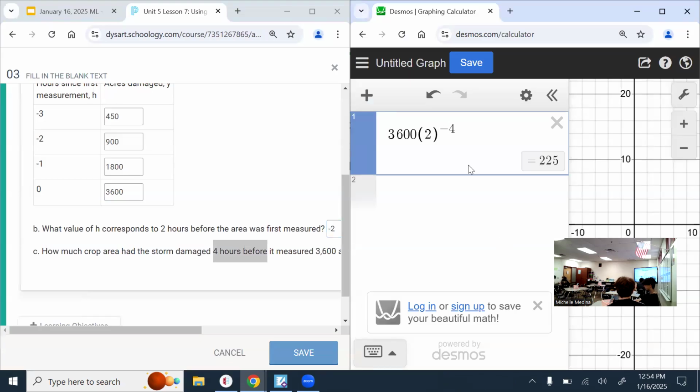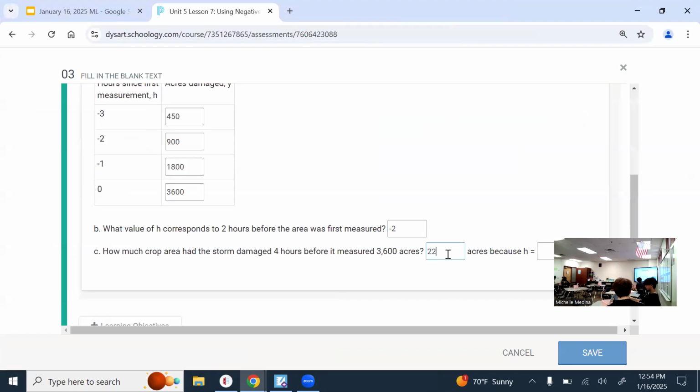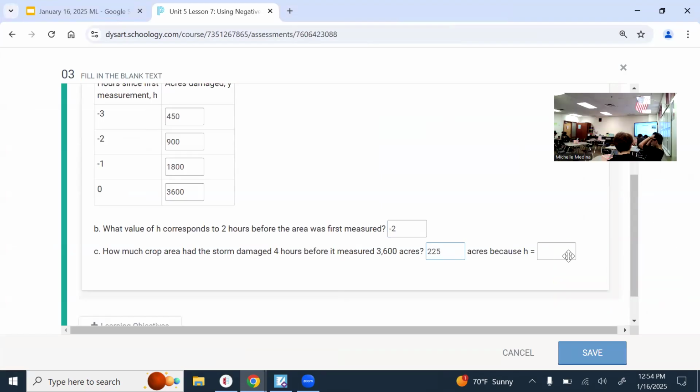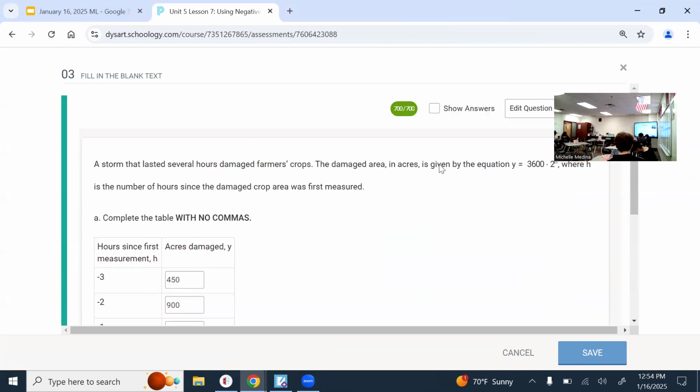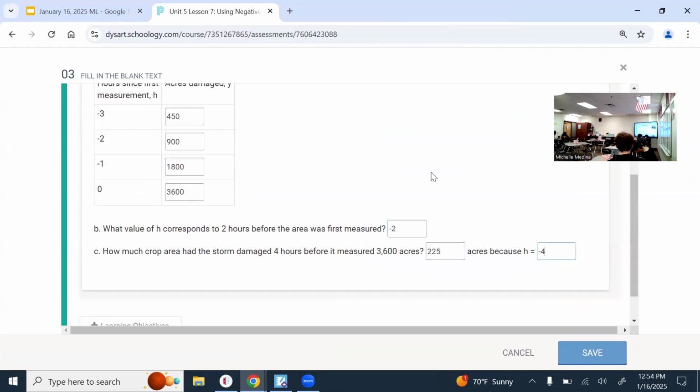So 225 acres because H is -4. That's how you get it completely right. H of 4 and H of -4 are different. They have different meanings, before and after. So questions on this one? Questions on others?